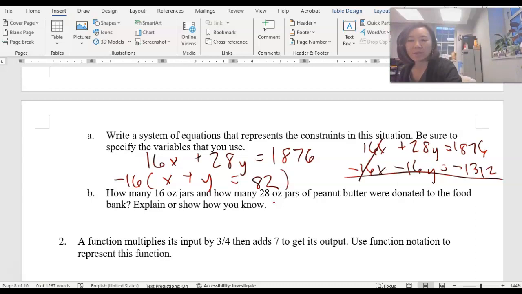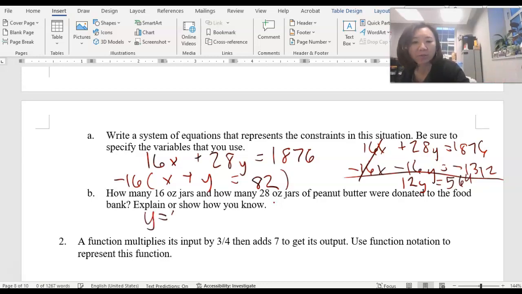Now I can combine these. This will cancel out. This becomes 12y. Just make sure you get 12y equals 1876 minus 1312 is 564. And then we can divide both sides by 12 and we will get 47.